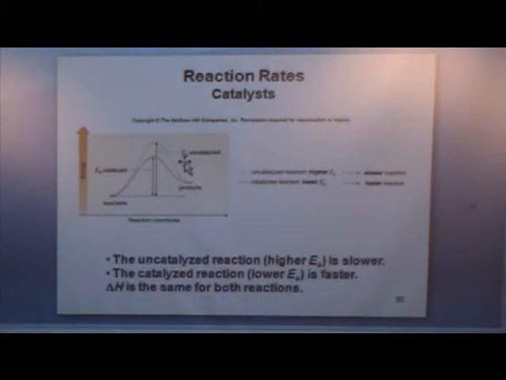The blue one shows the uncatalyzed reaction, that means a reaction without catalyst. A higher activation energy is needed. The lower one, the red curve, is the catalyzed reaction. Low activation energy is needed. Activation energy basically means the energy needed to convert reactants into products, how much energy is needed.